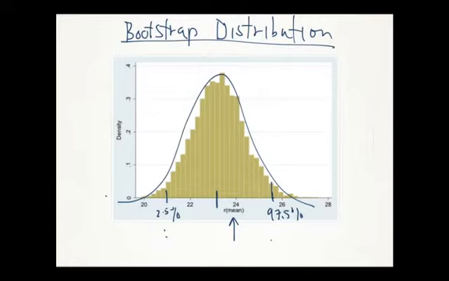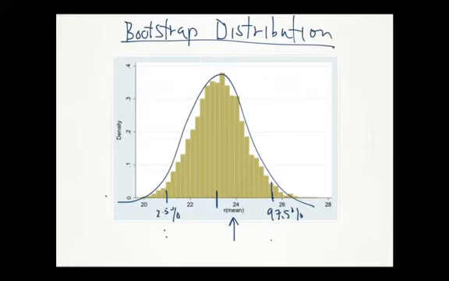We can use the 2.5 and 97.5 percentiles from the Bootstrap distribution. This would be called a percentile Bootstrap distribution. And then there are other ways to do it as well once we have this Bootstrap distribution. But these are ways to use the information from the Bootstrap distribution to then create a confidence interval.